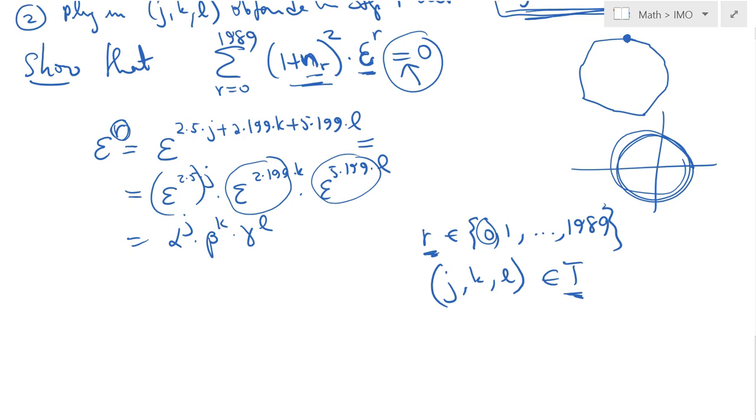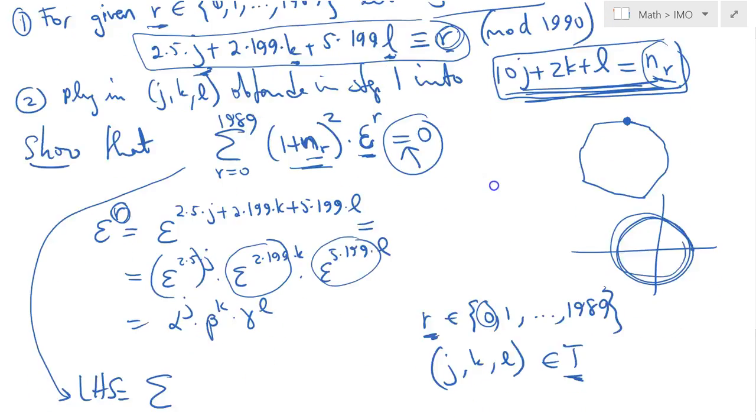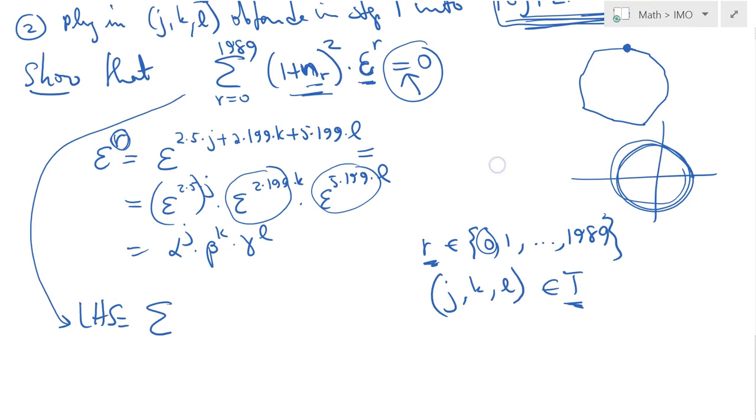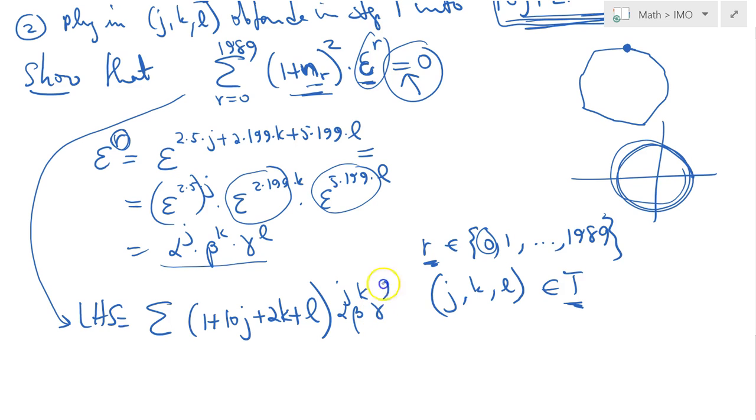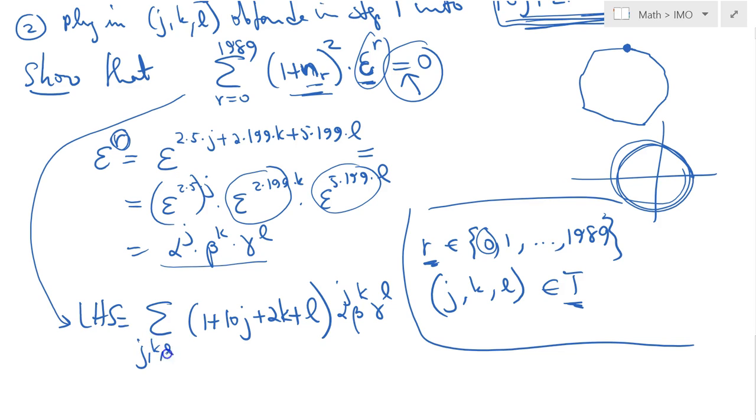Once everything is plugged in, the left hand side is equal to the summation, so 1 plus nr, we defined it as 1 plus 10j plus 2k plus l, times the second part, epsilon to the r power, which is just alpha to the j, beta to the k, gamma to the l, and this ranges across all j, k, l in t, right?